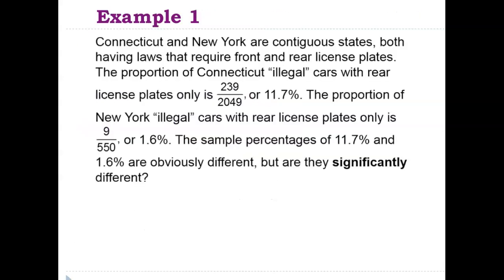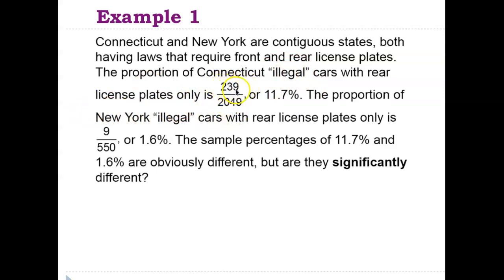Let's do the following example. Connecticut and New York are contiguous states, both having laws that require front and rear license plates. The proportion of Connecticut illegal cars with rear license plates only is 239 out of 2,049.